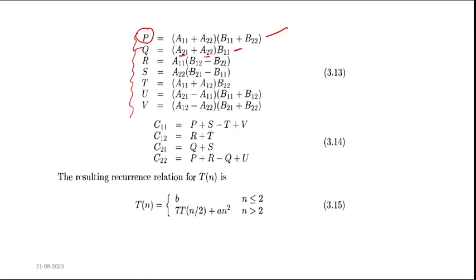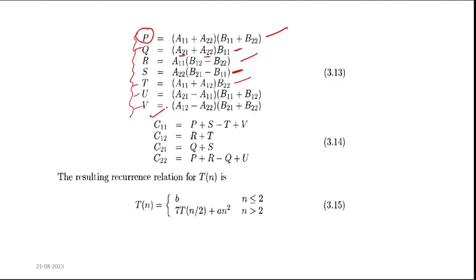R equal to A11 into B12 minus B22, like that. S is A22 into B21 minus B11. T is A11 plus A12 into B22. Finally, U, which is A21 minus A11 into B11 plus B12, like that, and then V.